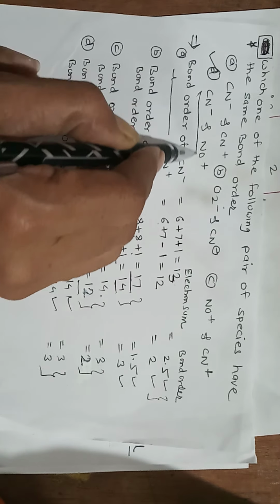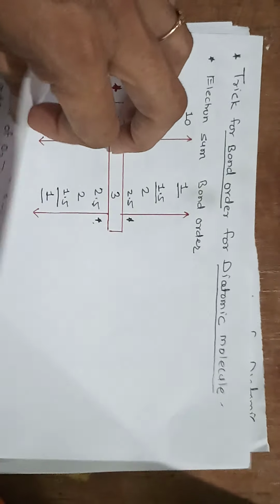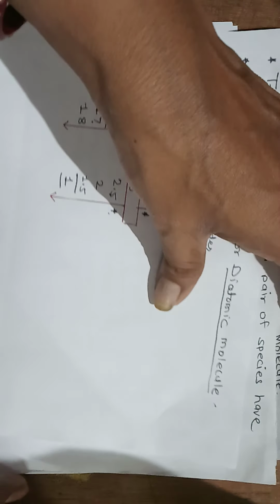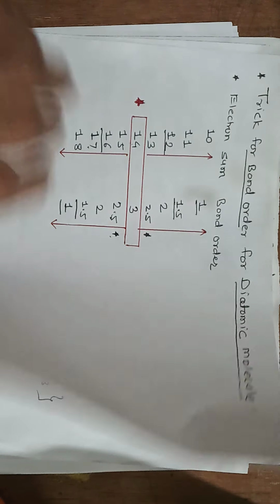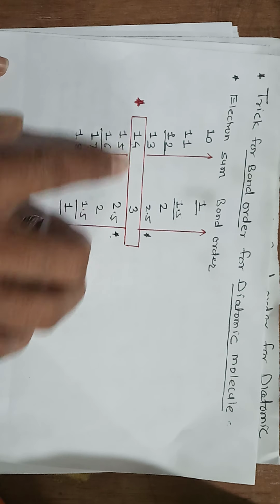So this way, on the basis of the electron sum method, we can solve this numerical very easily using this trick. Remember this trick very carefully, or note it down carefully. It's very easy. Remember the central electron sum as 14 and bond order is 3.